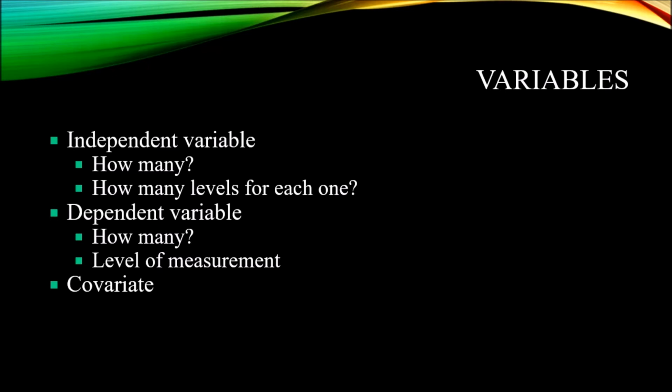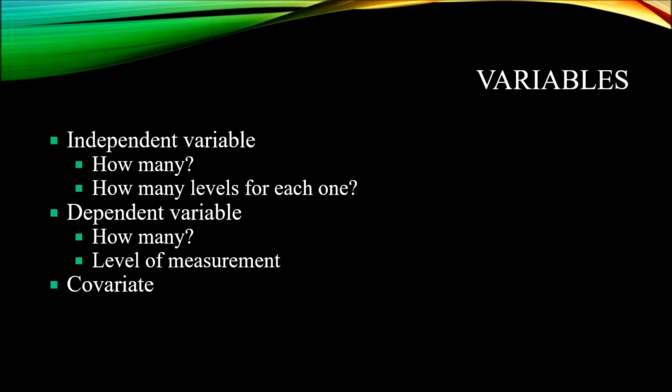So as you're trying to determine the variables for your research design, it can sometimes be confusing to distinguish the independent variable from the dependent variable, particularly when we get into between subjects and within subjects designs. In general, we can think of the independent variable as the variable that we manipulate as part of an experimental design.